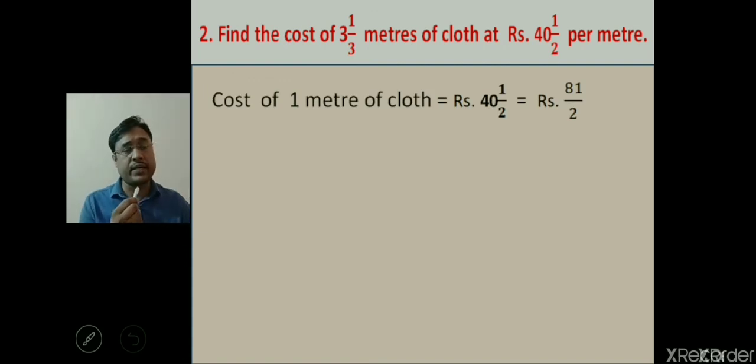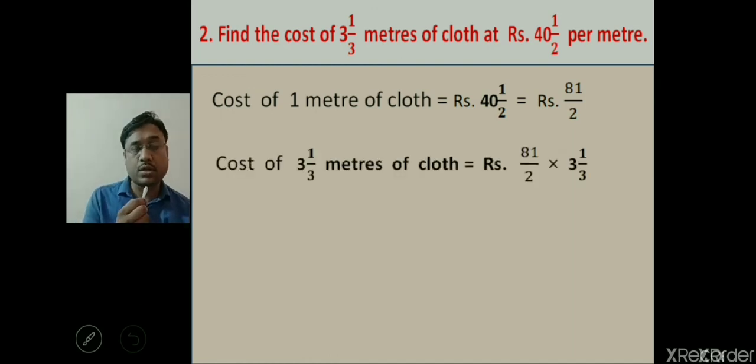Simple way of writing the statement: the cost of 1 meter of cloth is 40 1 by 2. You will convert the mixed fraction into an improper fraction, that is 40 into 2 plus the numerator, so 81 by 2 rupees.